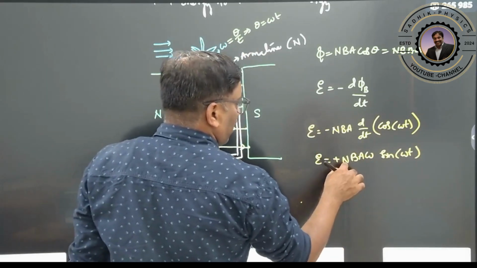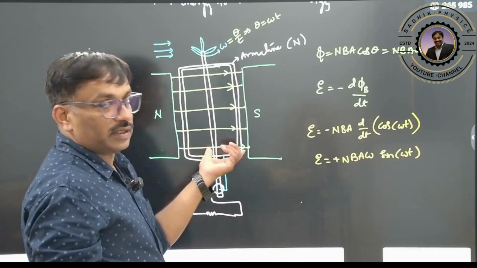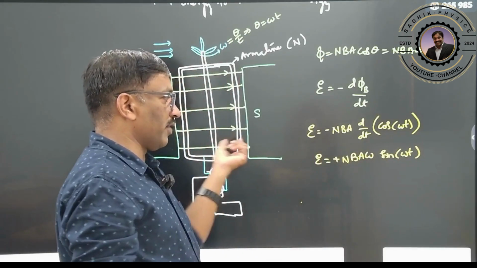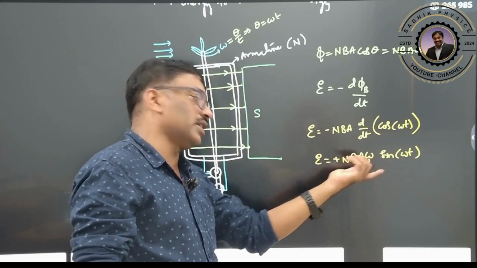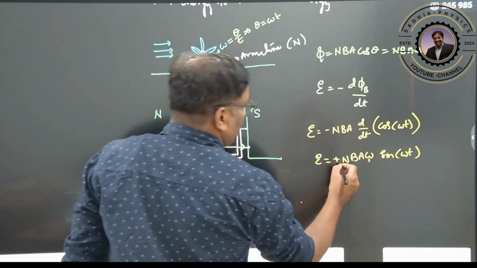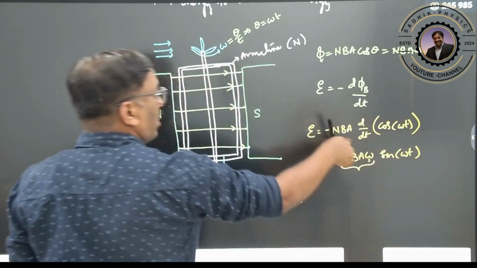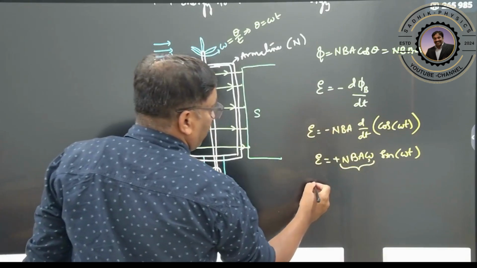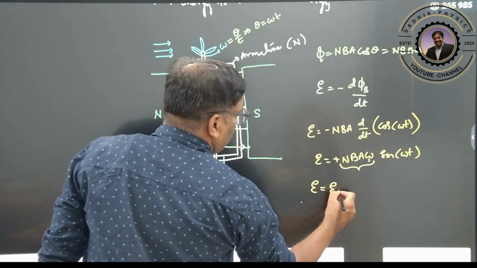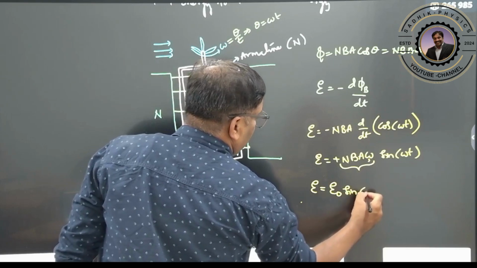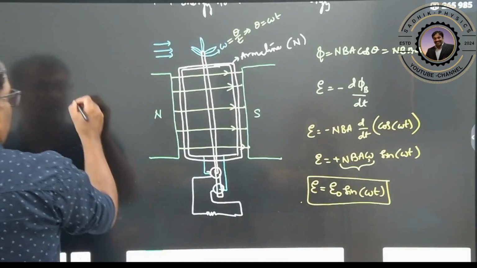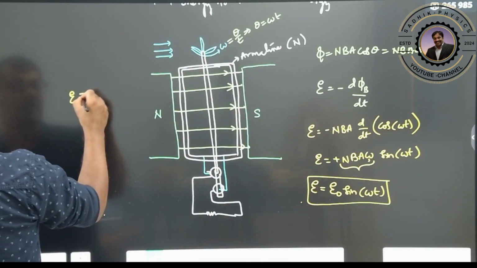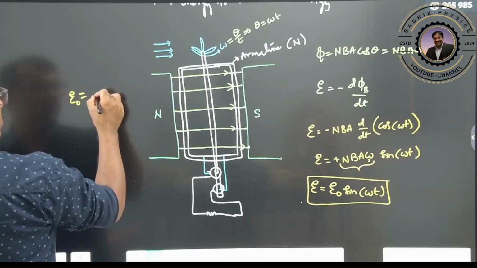The number of turns is fixed, the magnetic field B is also fixed, the area of the coil is also fixed, and the amount of rotation is also fixed. So these are all fixed values, and if all these values are maximum, that will give us the peak value. E is equal to E naught into sine of omega t. What is this E naught value? We can call it the peak value. How to calculate it?